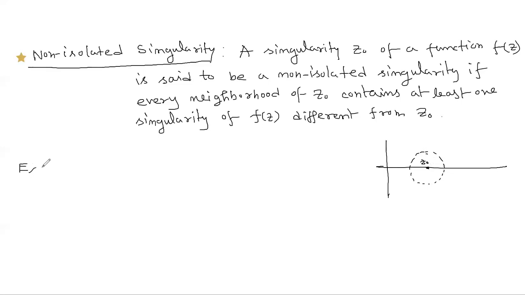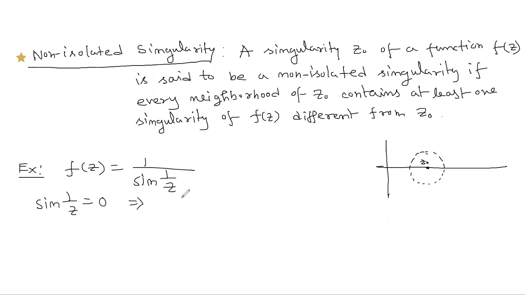For example, let us take f(z) equal to 1 by sin(1/z). Now the zeros of sin(1/z) are the singularities of the function f(z). So first determine the singularities of the function f(z).